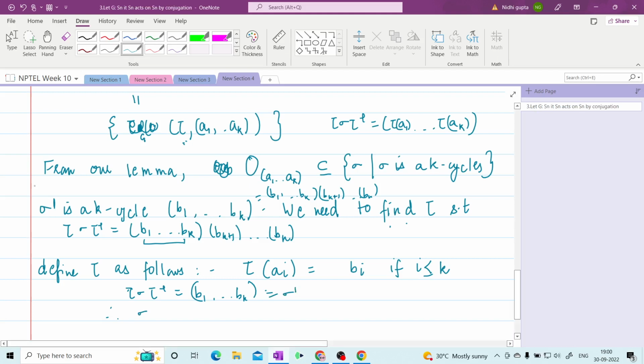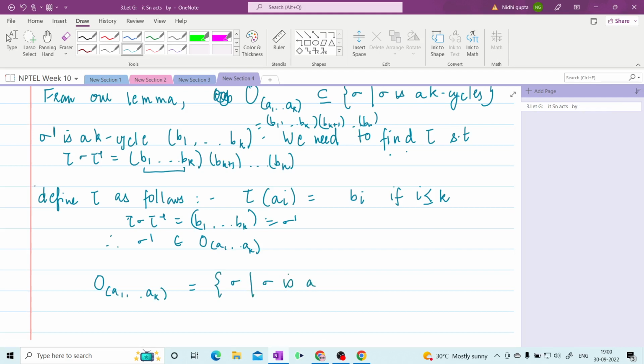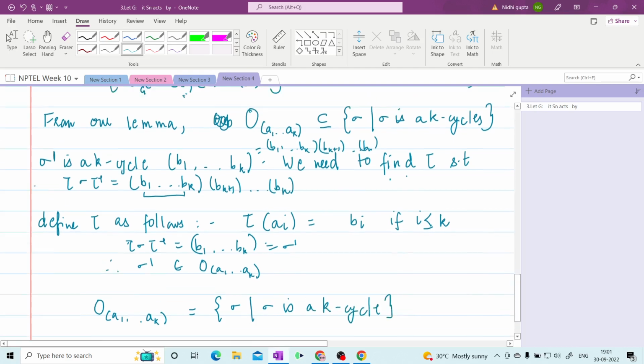So we see therefore sigma prime belongs to the orbit of a1 ak, and hence the orbit of a1 ak will be nothing but sigma, such that sigma is a k cycle. Now I have done this.